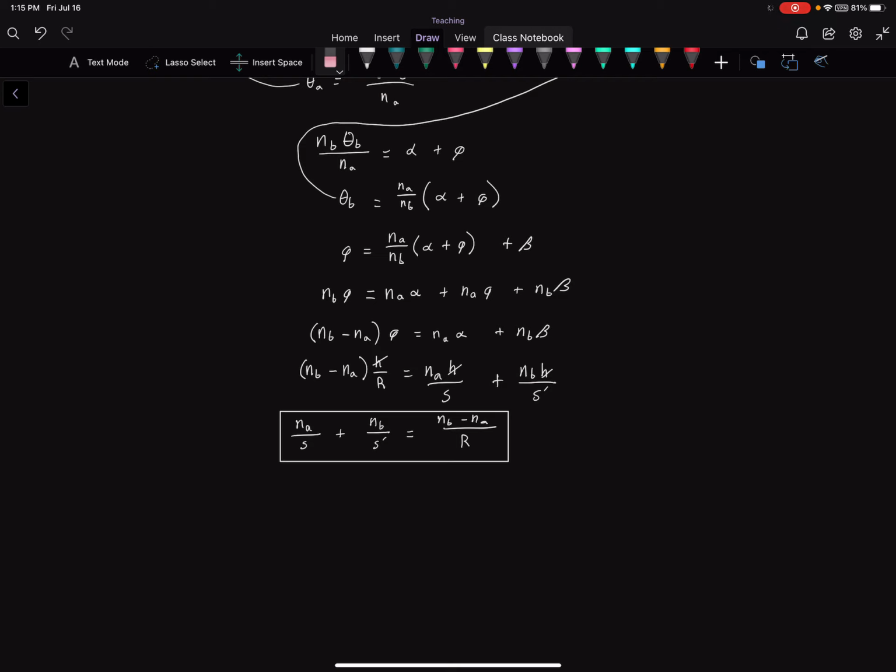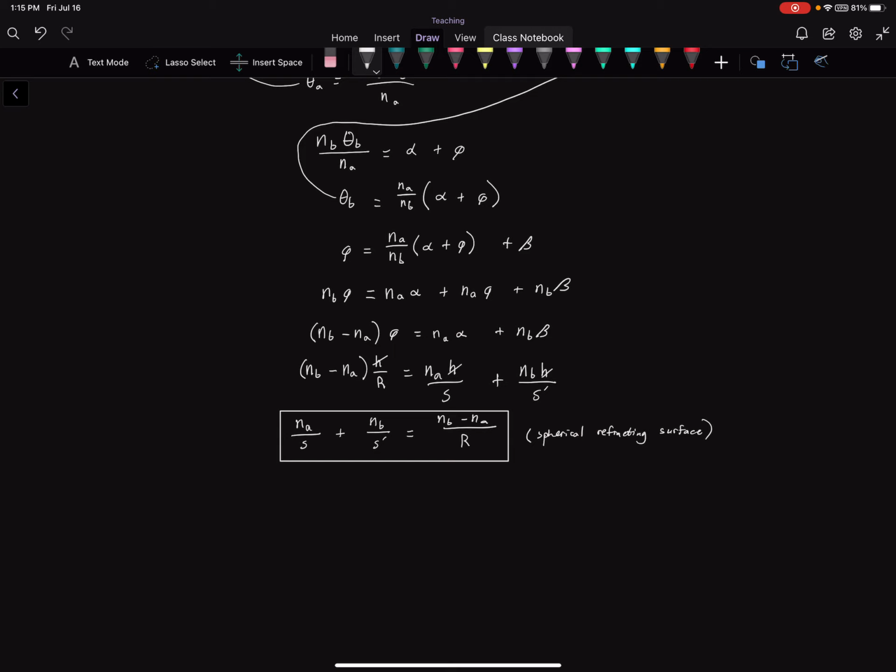So this is the object-image-radius of curvature relationship for a spherical refracting surface, or interface maybe, but same difference.